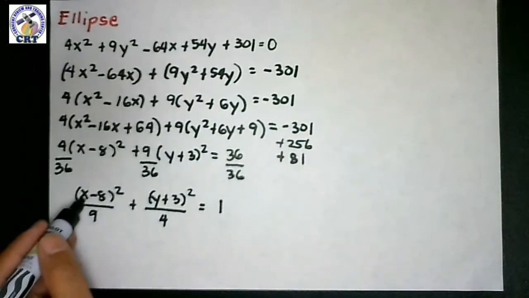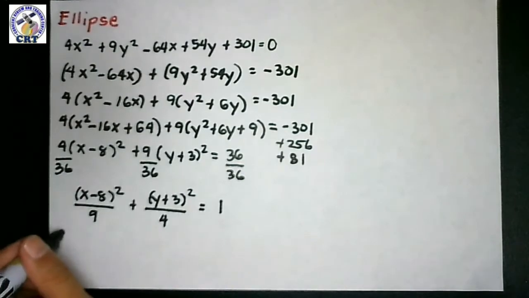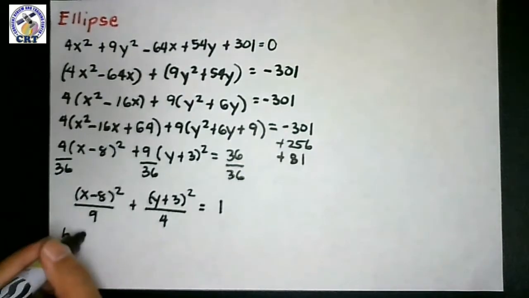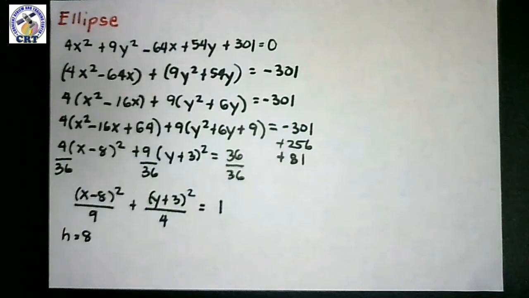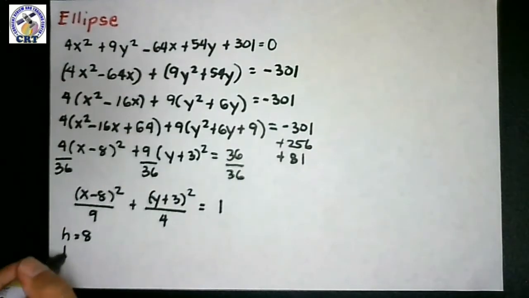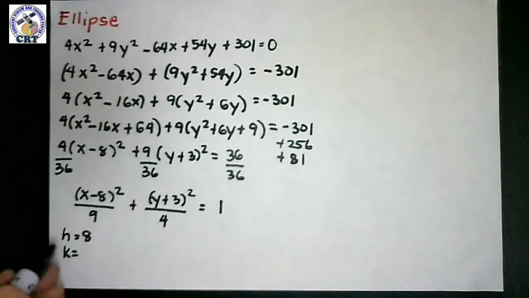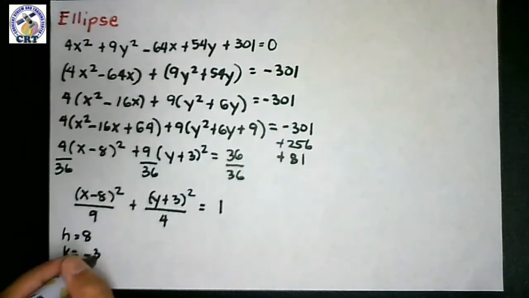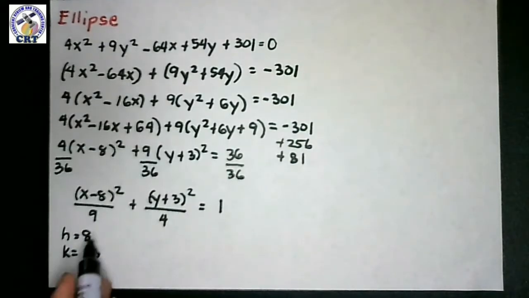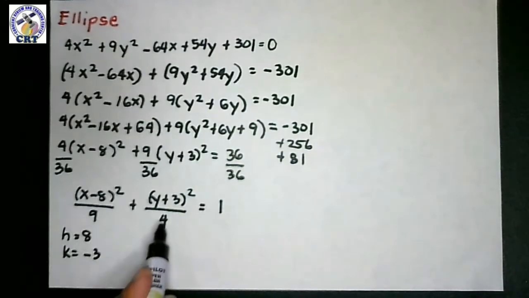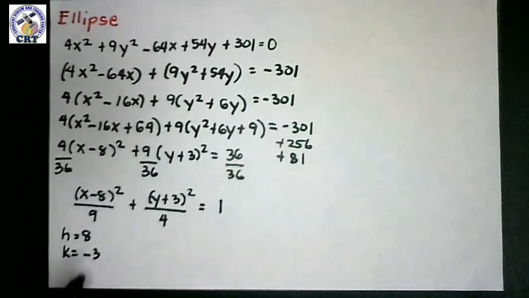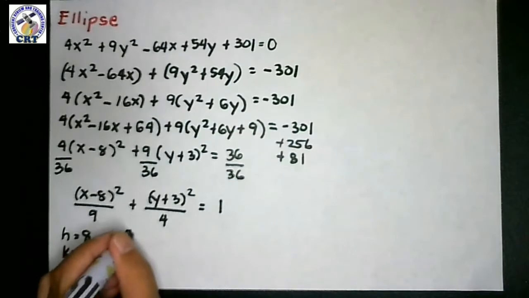Okay. So, yung katabi ng x, yan yung h. Ang h natin in this case is positive 8. And then yung k, katabi ng y. So, kung y plus 3, ang k natin, negative 3. Then, between the denominator, kung ano yung mas malaki, yun yung a squared. So, ganun sa ellipse.